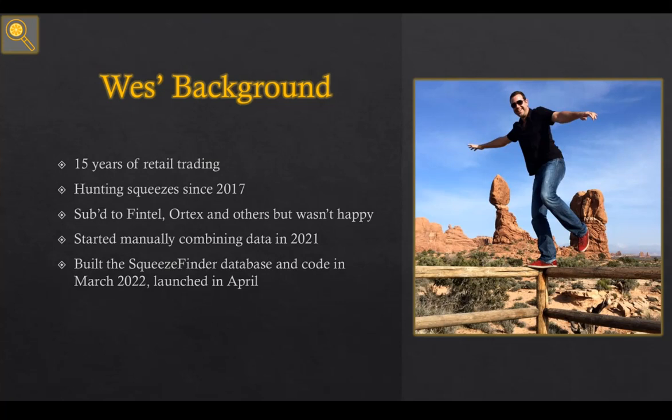So a little over a year ago, I started doing this manual process where I was combining data from a few different places and trying to put it all together with Excel, and just doing basic stuff. But it was really, really time consuming. And tickers come and go so fast these days. Something will squeeze for a couple of hours and then it's gone. And I just wasn't able to keep up with the pace of the market.